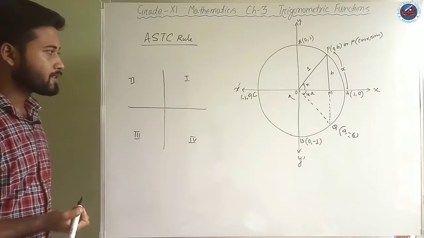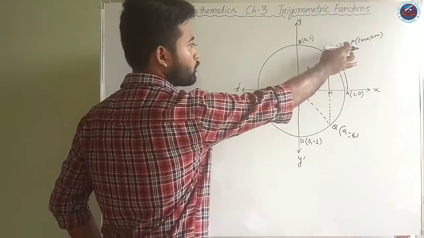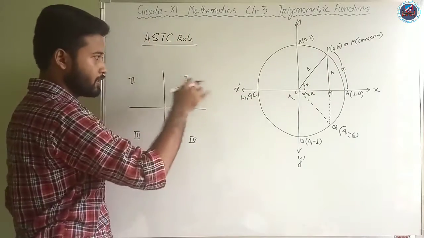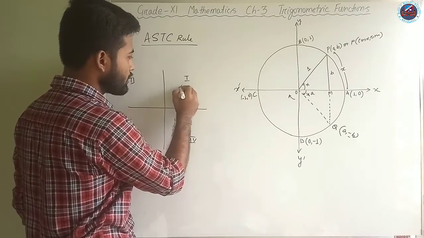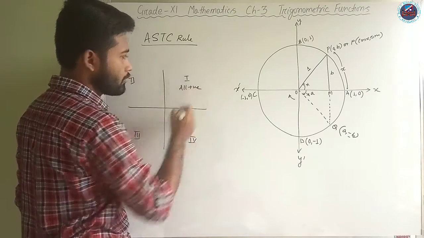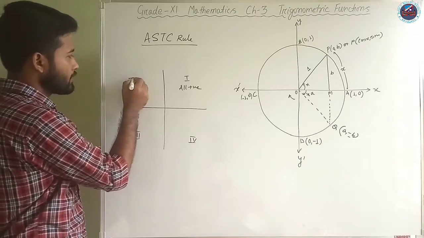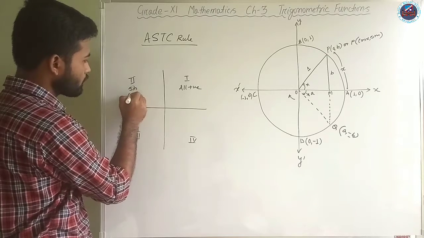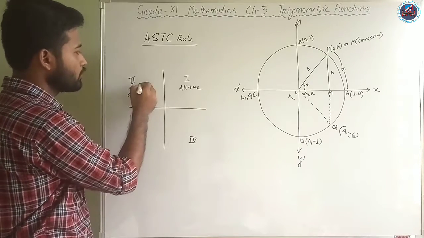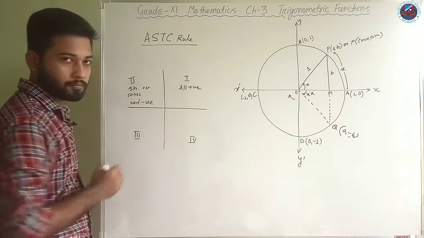Now what happens generally is that in the first quadrant, whatever point you take here, both will be positive, isn't it? In the first quadrant, the coordinates are always positive, so all the trigonometric ratios will be positive here. What about the second quadrant? In the second quadrant, the sine and cosec functions will be positive, the rest will be negative.